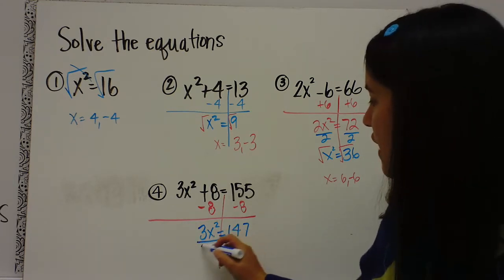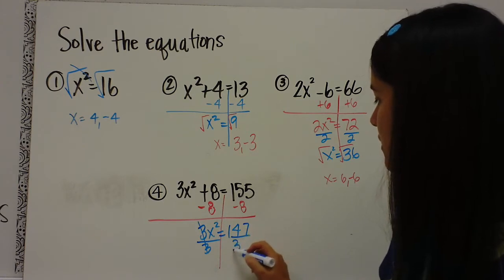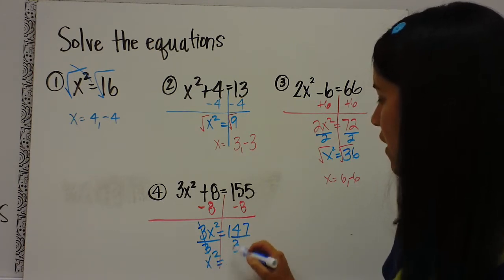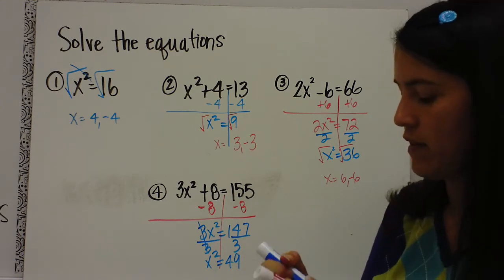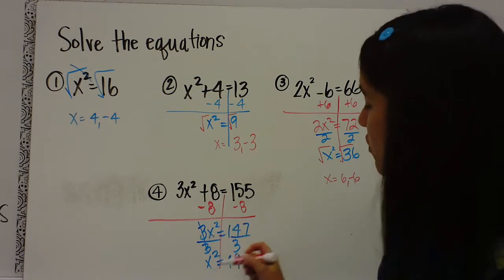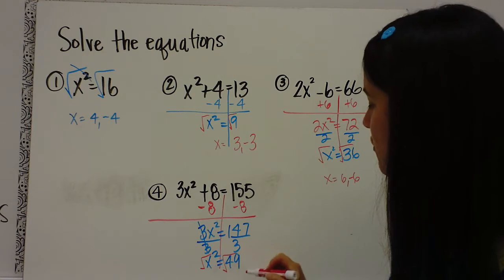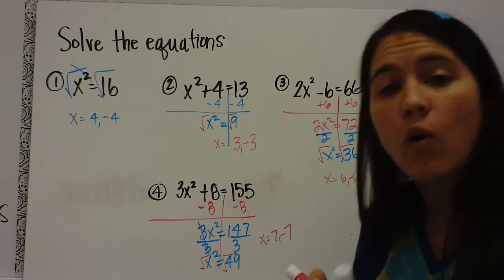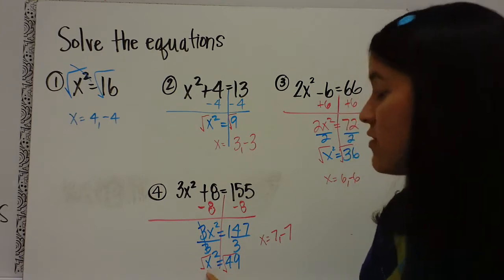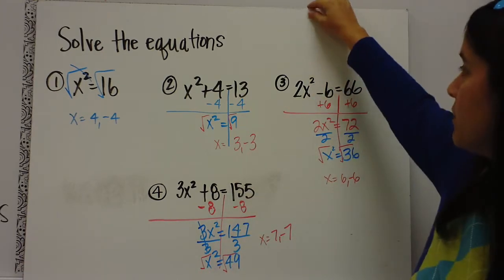Then I need to divide both sides by 3. And 147 divided by 3 is 49. So I know that x squared is going to equal 49. I take the square root of both sides, and x is equal to 7 or negative 7. So you have two answers when you take the square root.